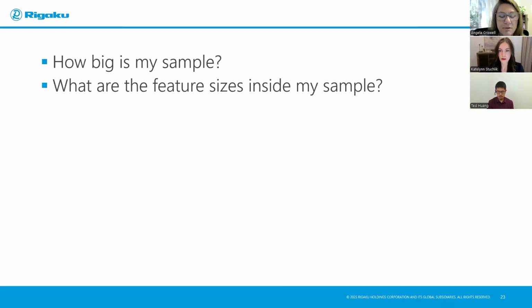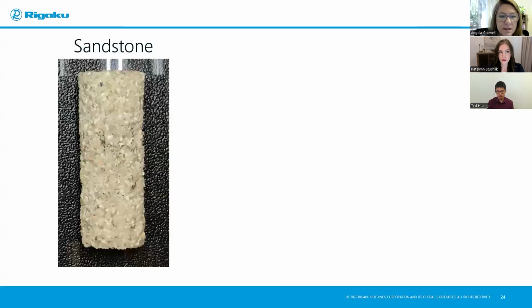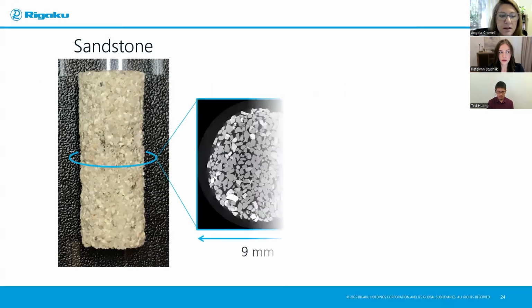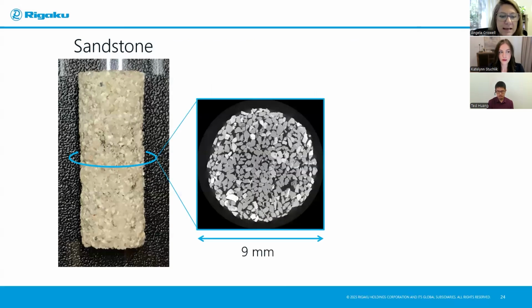And ask yourself, okay, I want to see what's inside non-destructively. What are the estimated feature sizes that I expect inside our sample? Let's consider that for a couple of moments by looking at this sandstone. It's one of those small rock cores I showed you previously. If we collect data and look at a 2D cross-section of that data, we see here it was collected with this 9 millimeter field of view.